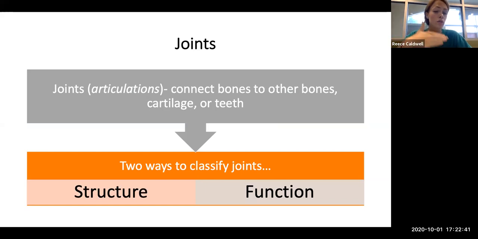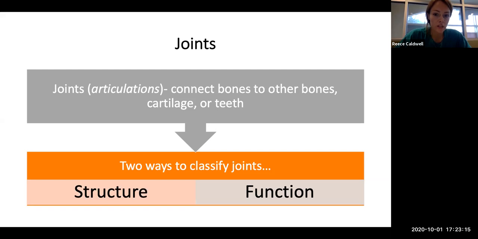Anytime you hear the word articulate, that means come together and form a joint, connecting bones to cartilage, or bones to teeth. Like I said, the occipital condyles articulate with the atlas to provide for head nodding. That's just the same as how the head of the humerus articulates with the glenoid cavity to provide for movement of the arm. So articulation just means forming a joint, coming together, connecting.